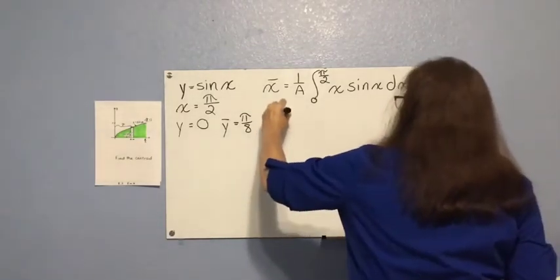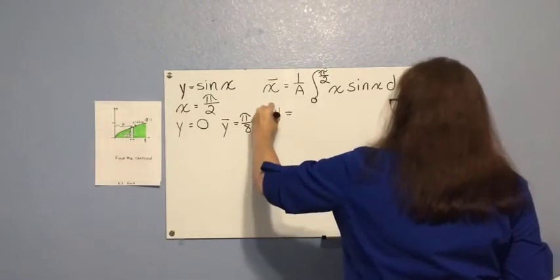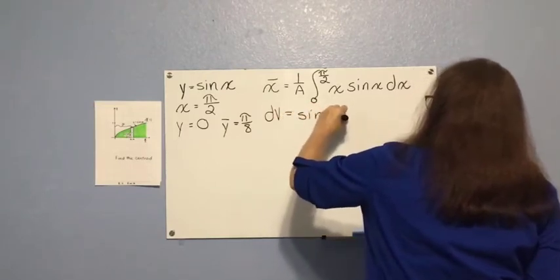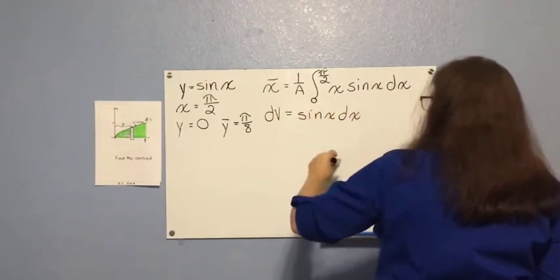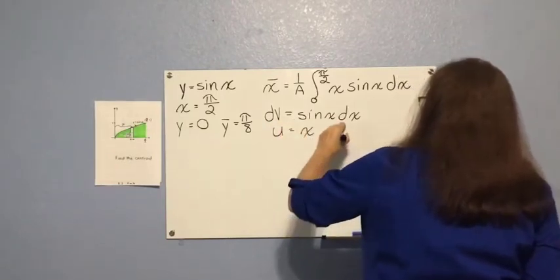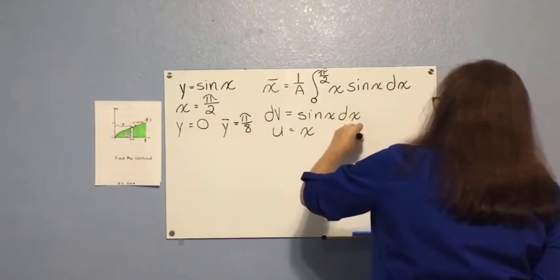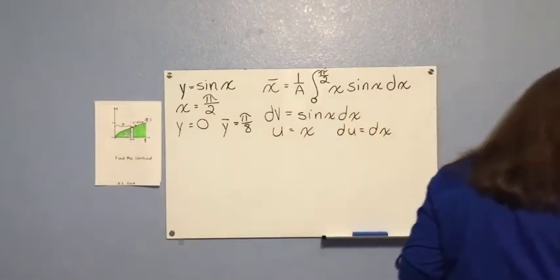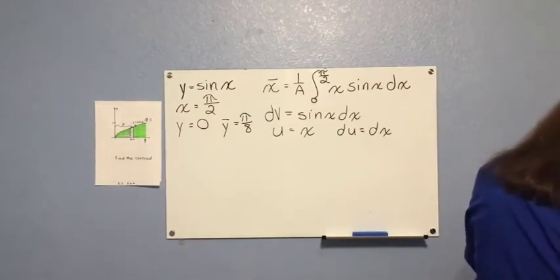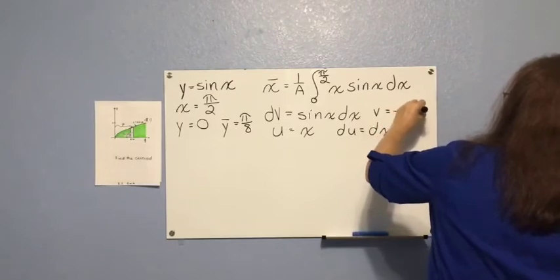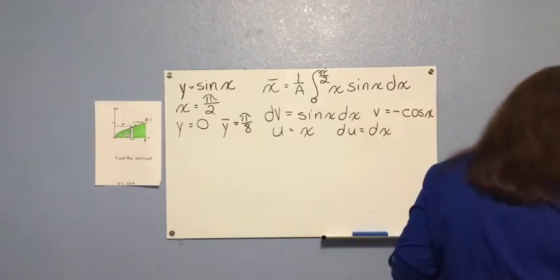And we're going to let dv equal sine x dx, and u will be just x, so du is dx, and v is negative cosine x.